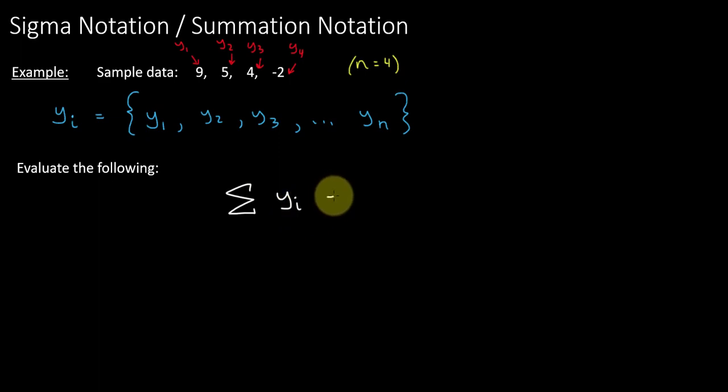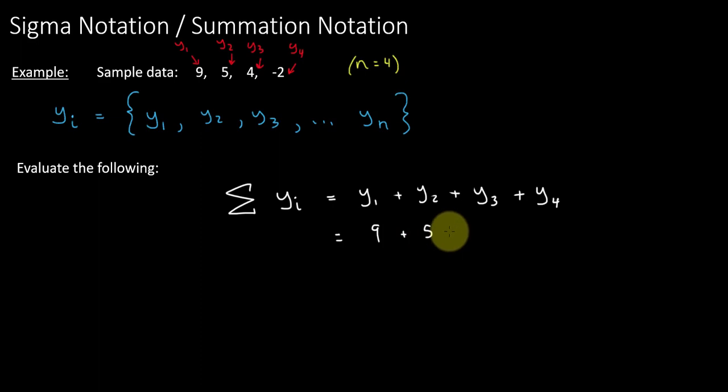So what this says is take y1 plus y2 plus y3, and we've only got 4, so we're going to stop at 4. Cool, so we're going to add the values from up here, 9 plus 5 plus 4 plus -2.